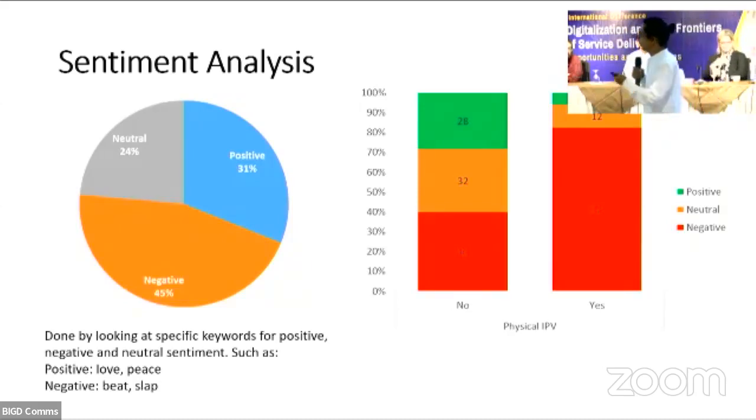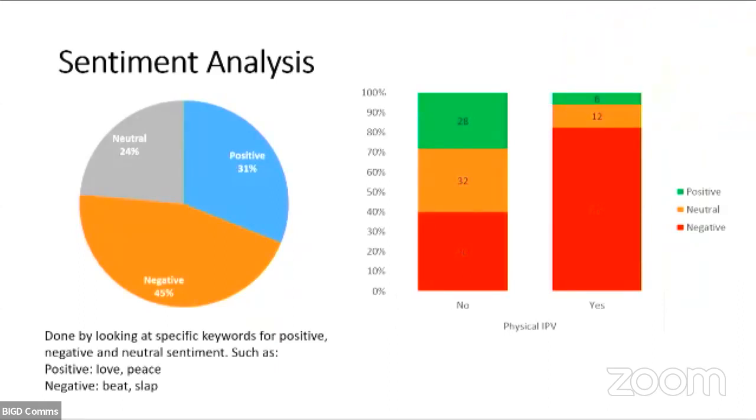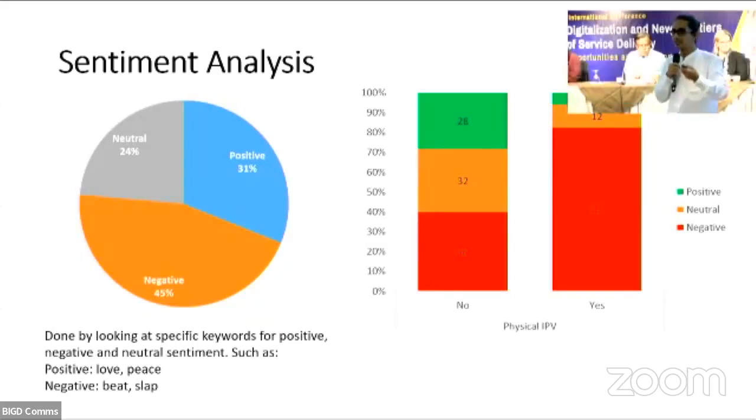And then when we cross-tabulate this with their response to the IPV question, for the 9% who said they have experienced physical violence, you see a lot more negative. So this gives me confidence that we are capturing something, maybe the same way the translation was capturing something.